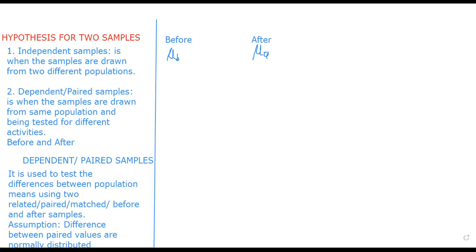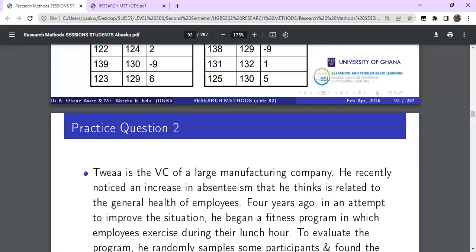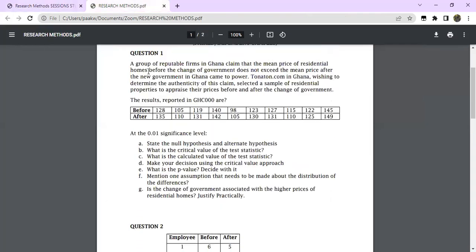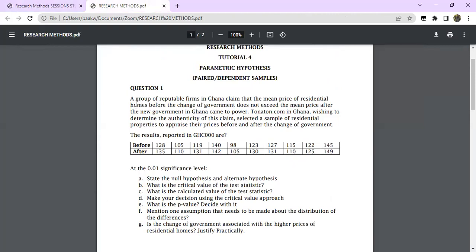So we have a particular question here. Can you see the slide? Yes, please, I can see it. Okay. So you see this particular example, example one.